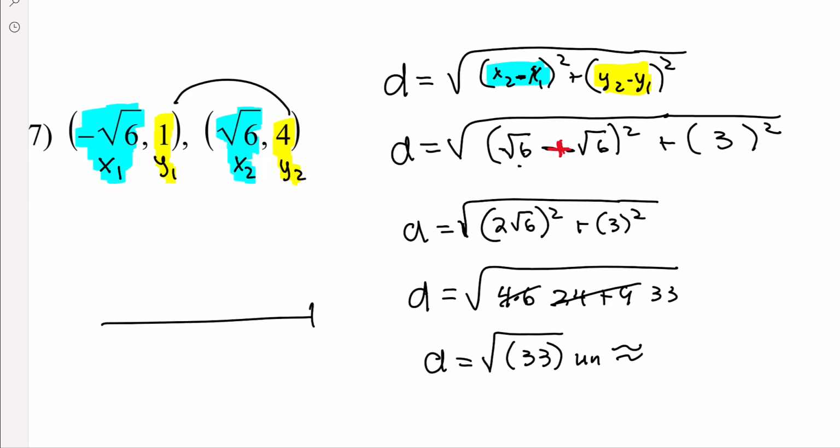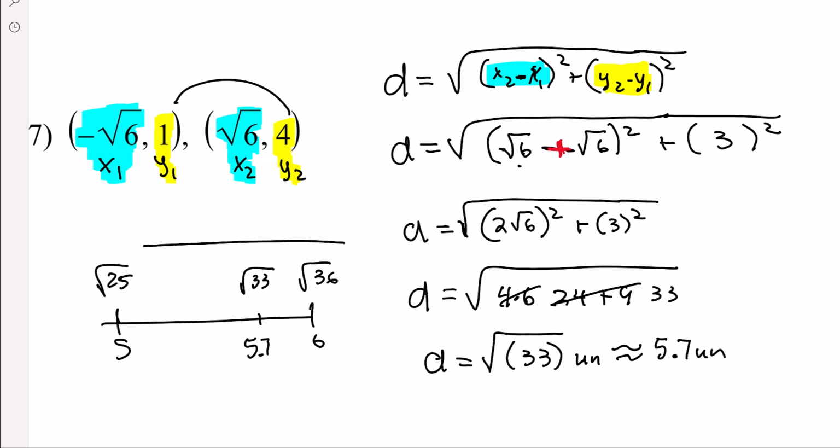Well, think about this. 6 is the square root of 36. 5 is the square root of 25. 33 is much closer, so I'm going to guess that's about 5.7 something. So let's type in square root 33, and that is about 5.744, but that will round to 5.7 units.